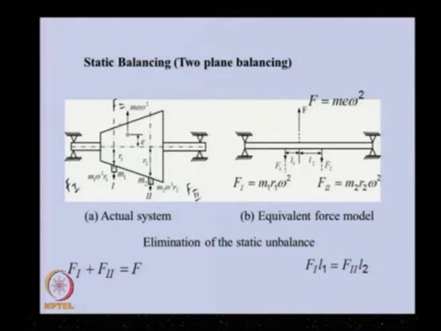Obviously, if we want balancing, F1 plus F2 should be equal to the total force. Here you can see F is the force of the unbalance, and these are the correction masses' centrifugal forces. So F should be F1 plus F2. Apart from this, the additional masses M1 and M2 which we are keeping should not produce an additional couple.